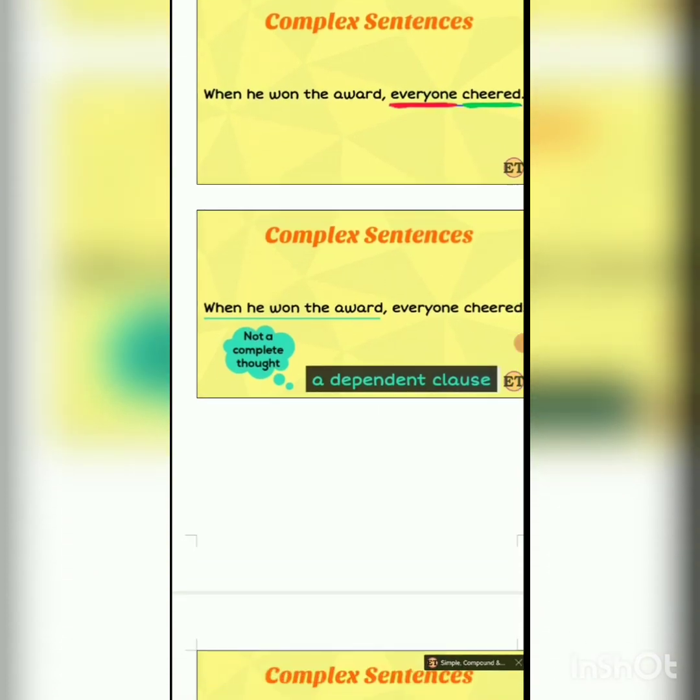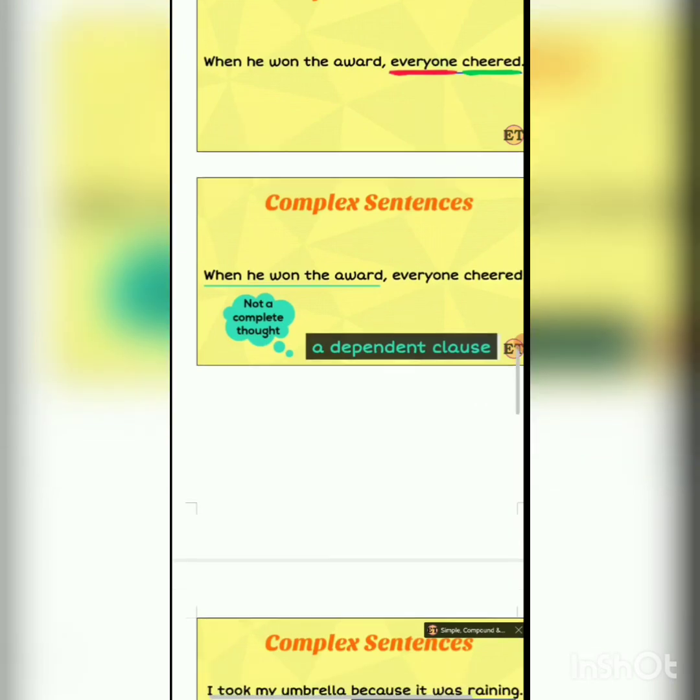Children, moving to the next slide. When he won the award, everyone cheered. This is also a complex sentence. It's the same slide. When he won the award, everyone cheered. So when he won the award is a dependent clause because it does not have a complete thought.